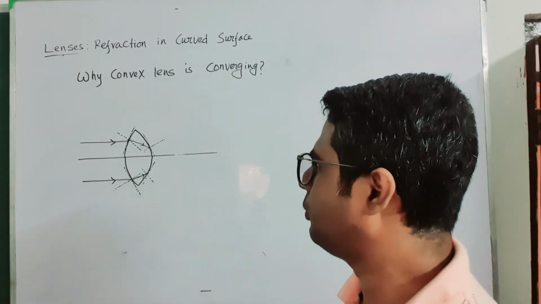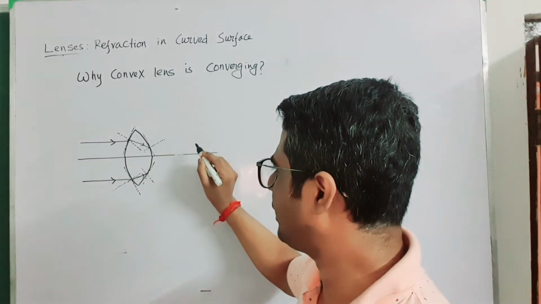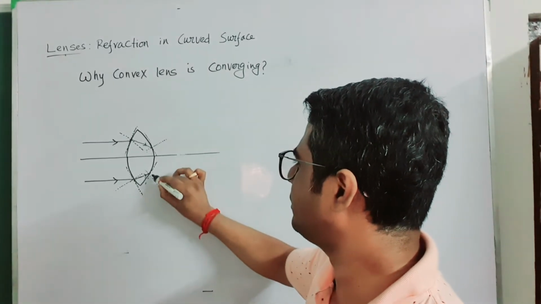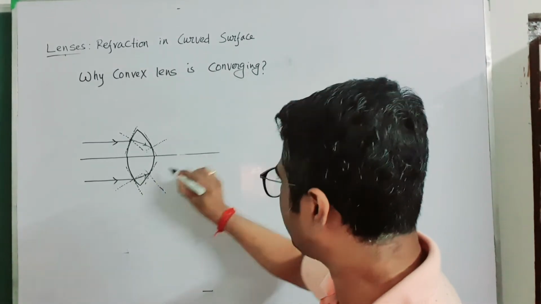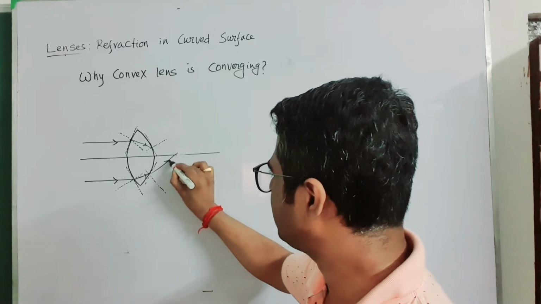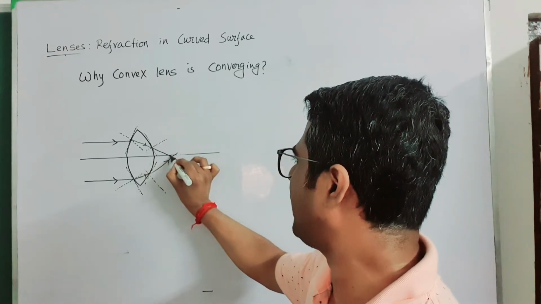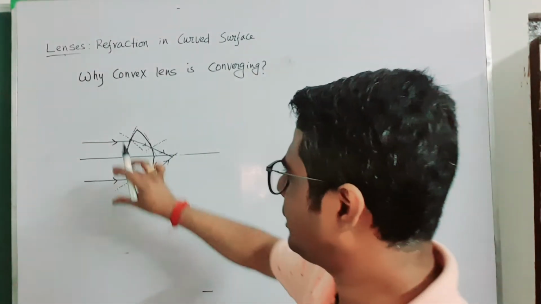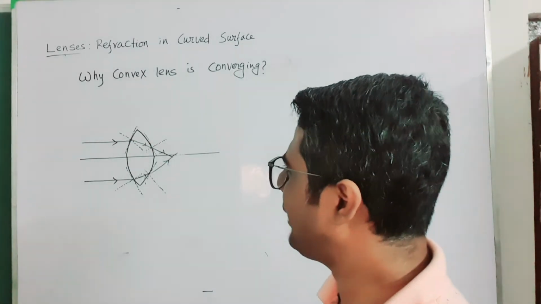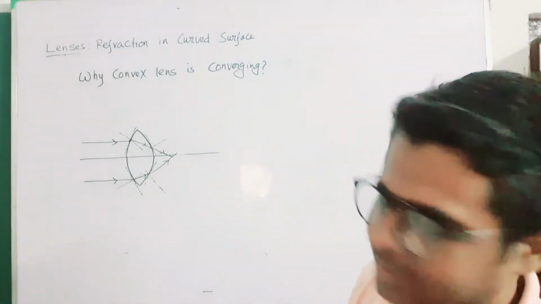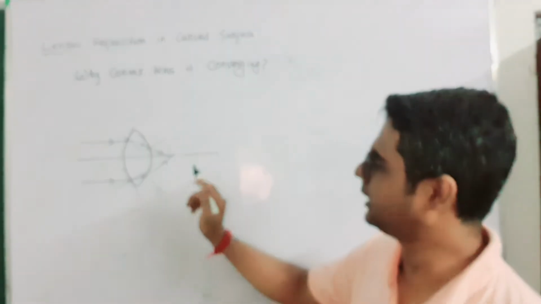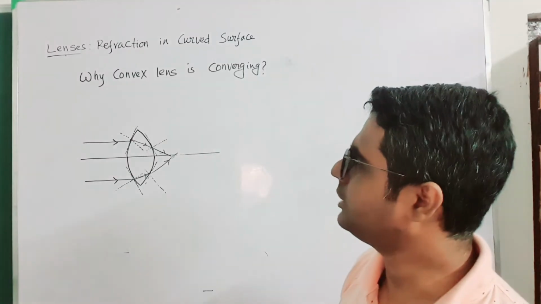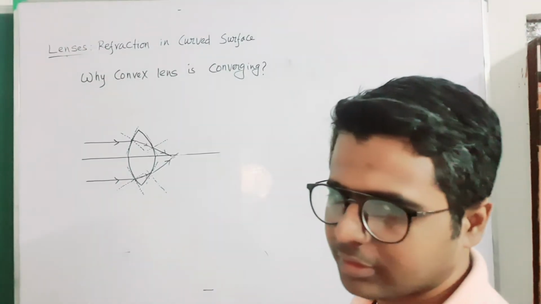So definitely it is going to go away from the normal, right? So I am putting it away from the normal. Similarly over here also. So ultimately two light rays incident parallelly on the lens is getting converged to a single point. So that is why convex lens is called converging lens.